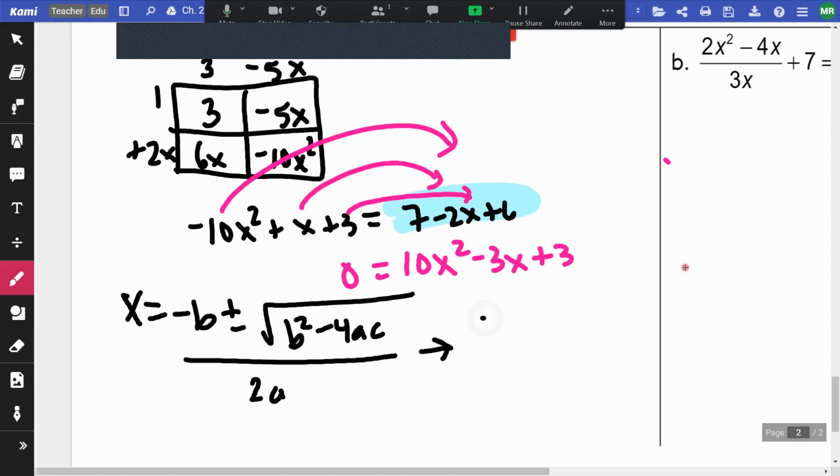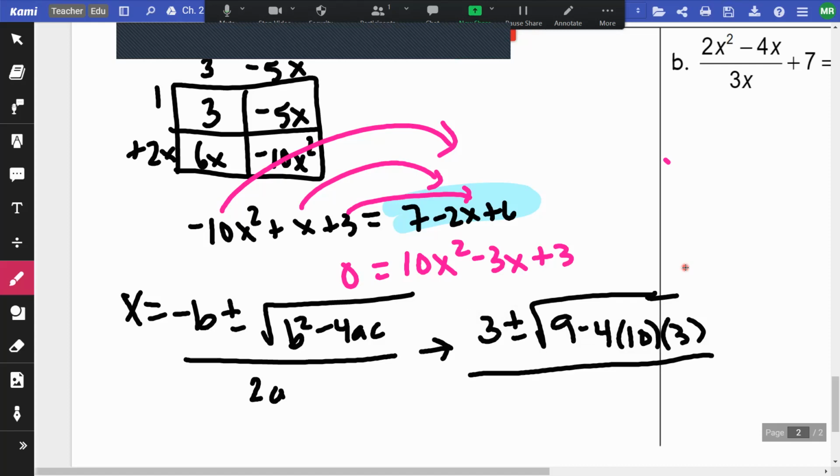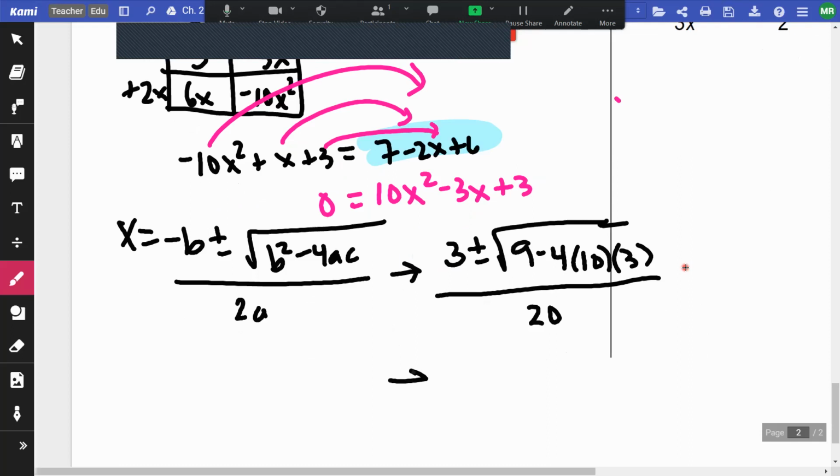So I'm going to get +3, because that's the opposite of my b, plus or minus the square root. And I'm just going to take -3 squared, which is 9, minus 4 times my a, which is 10, and my c, which is 3, all over 2 times my a, which is going to be a 20. Okay, this is from last year. This is something I probably have to focus on a little bit more. We're going to see this a lot this year.